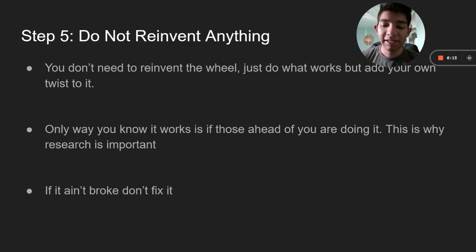So the only way you'll know it works is if those ahead of you or on your level are doing the exact same thing and are doing really well. So this is why doing research is very important, like I said, because if you try to reinvent the wheel and try to do stuff that everyone else is not doing, you're bound to fail unless what you do is very unique and very innovative, which 9 times out of 10, honestly 9.999 times out of 10, is just not going to work out in your favor.